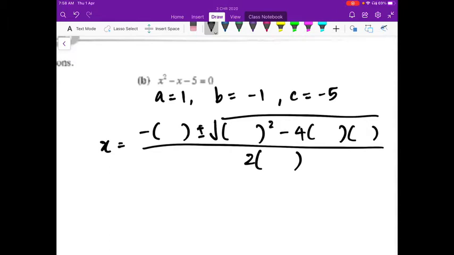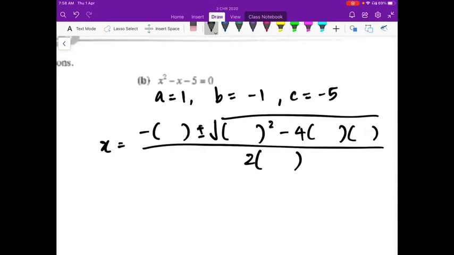So this is what you are getting for your formula list. What you can do is help yourself. You can draw brackets over here, so that if some numbers are negative, you put inside the bracket, negative become positive.